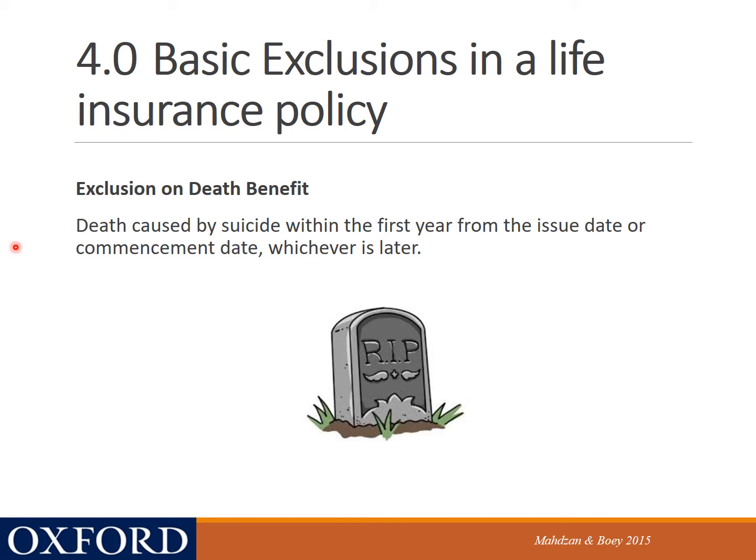So if there's any intention of moral hazard or suicide so that somebody else would benefit from the insurance proceeds, studies have shown that this usually happens within a 1 year period. That is the reason why insurance companies exclude death by suicide within the first year of the policy.